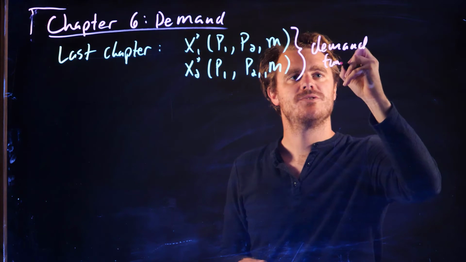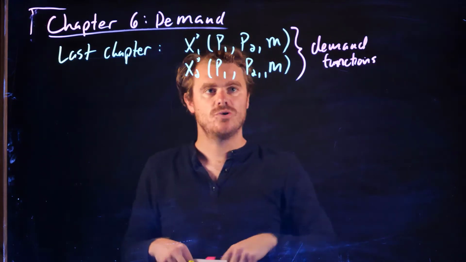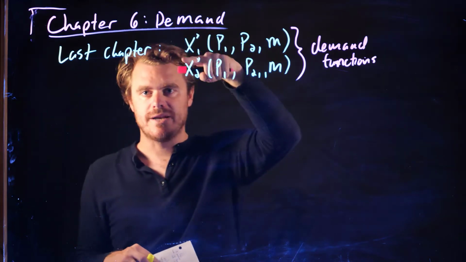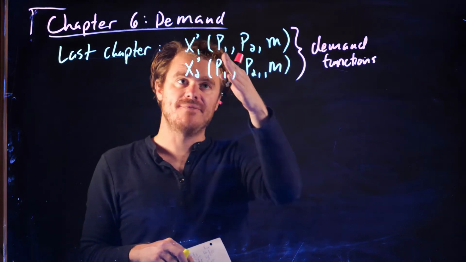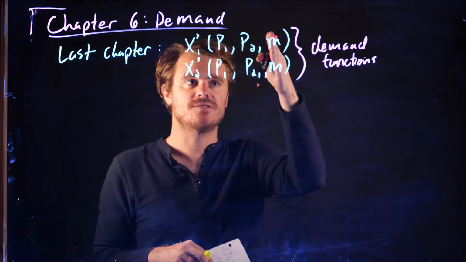So what we're going to do this chapter is take a closer look at these demand functions to understand how these optimal quantities, or this quantity demanded, changes when we have changes to the price or the income.